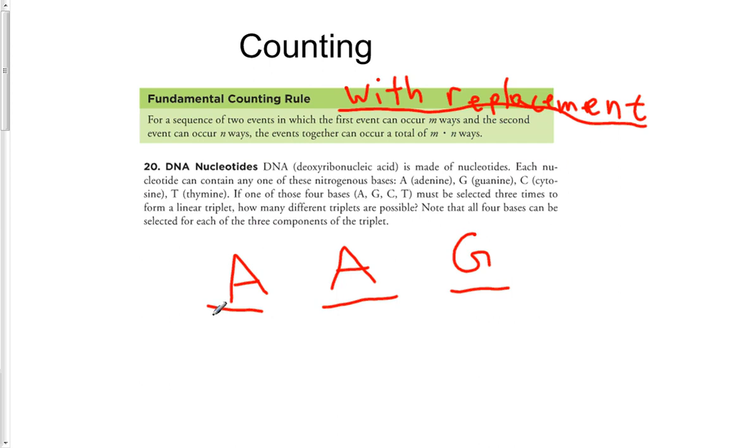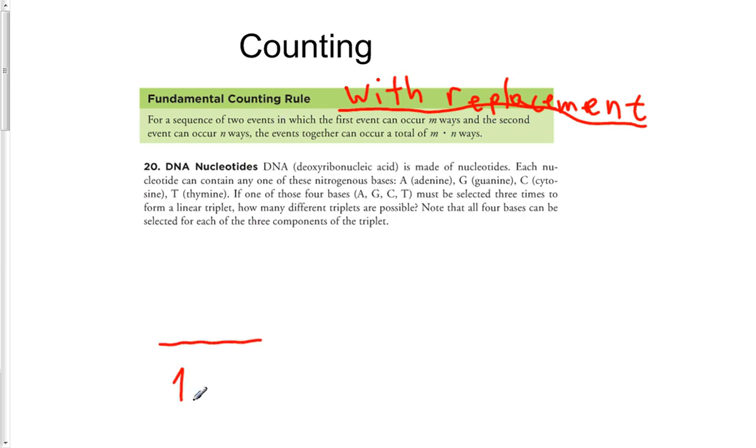All right, so let's go ahead and use the fundamental counting rule to see how many ways we can make these three choices. Okay, so in making my first choice, I can choose any of these four different nucleotides.